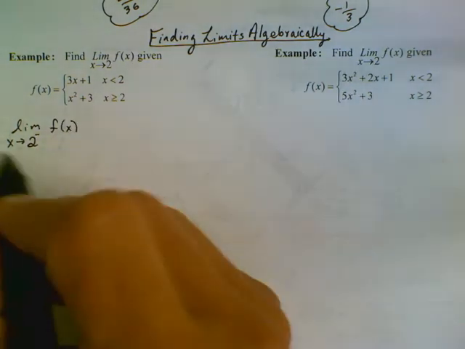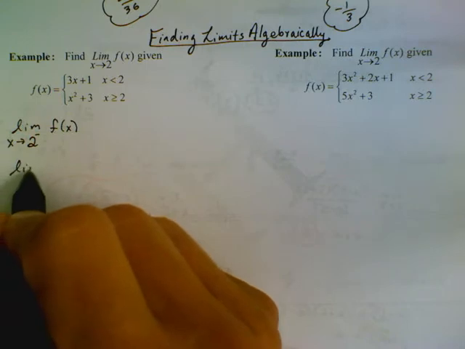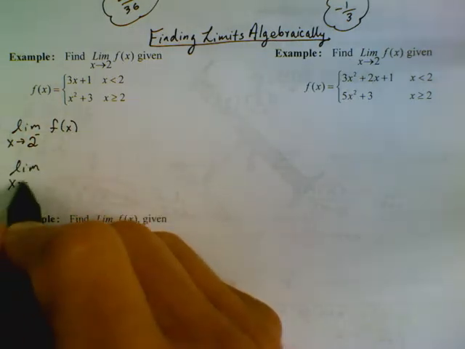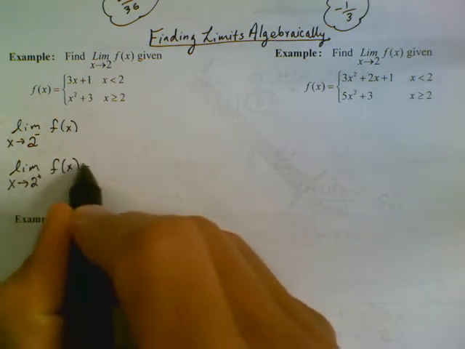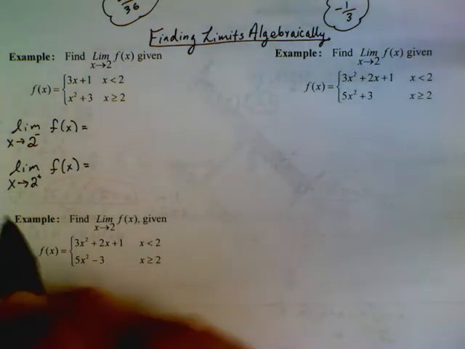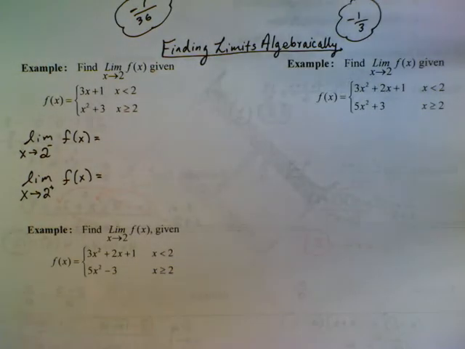And then we'll have to compute the limit as x approaches 2 from the right. Now, I'm going to do something that seems like you're not allowed to do.